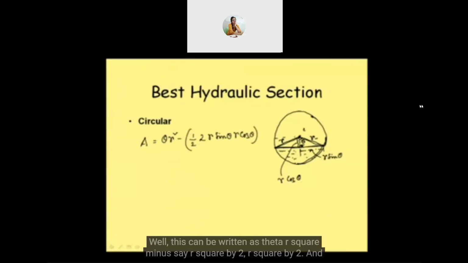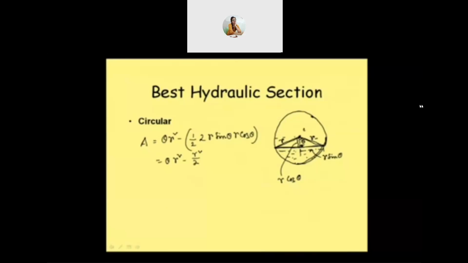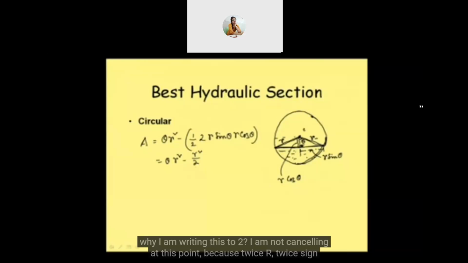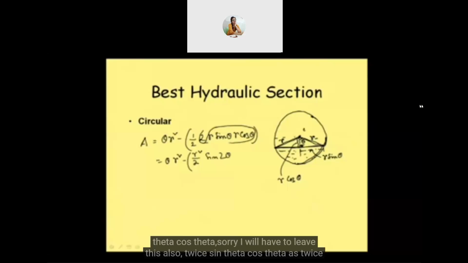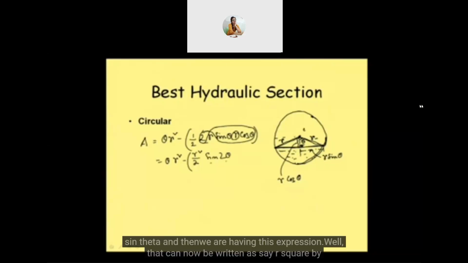This can be written as theta r square minus r square by 2. I am not cancelling the 2 at this point, because twice sine theta cos theta we can write as sine twice theta, so we are clubbing twice sine theta cos theta as sine twice theta.